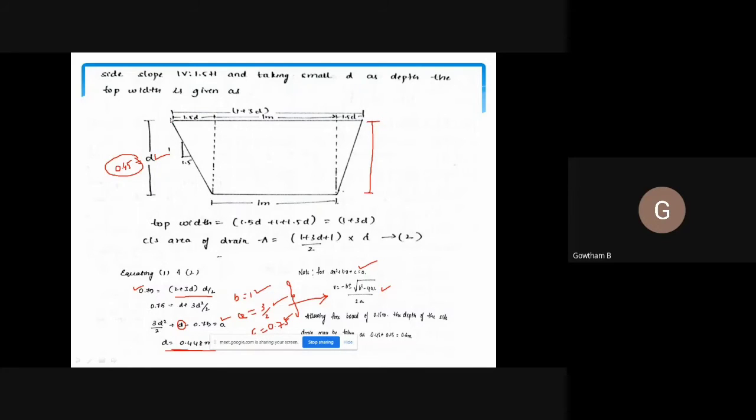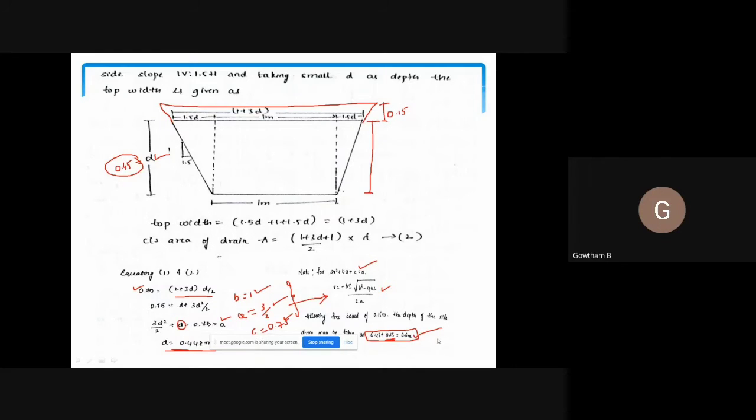But considering the factor of safety, you should allow certain depth of the trapezoidal section which is freeboard, that means free of water. Therefore, as per the code book and the factor of safety, you add 0.15 meter extra depth. Therefore, the total depth of the trapezoidal section you have to provide is 0.45 plus 0.15, that is equal to 0.6 meter.